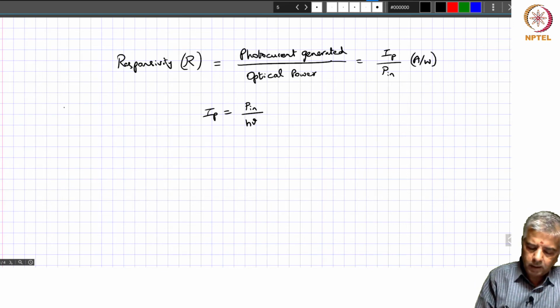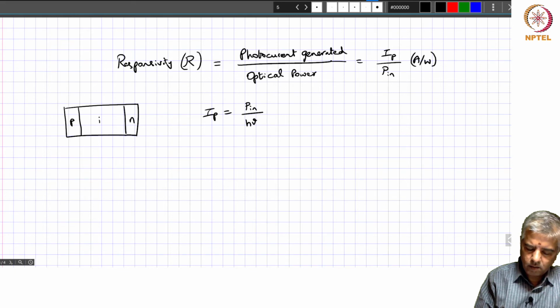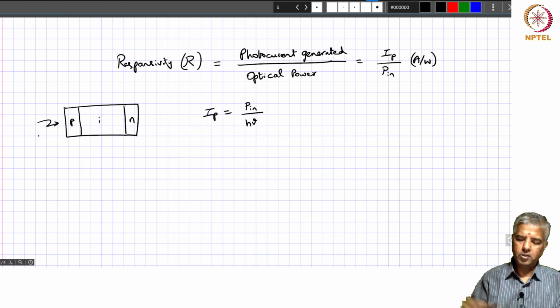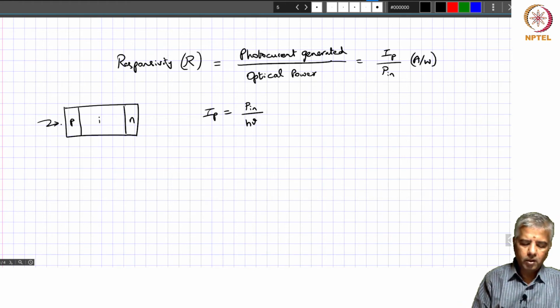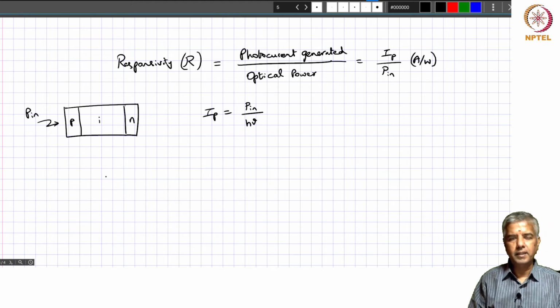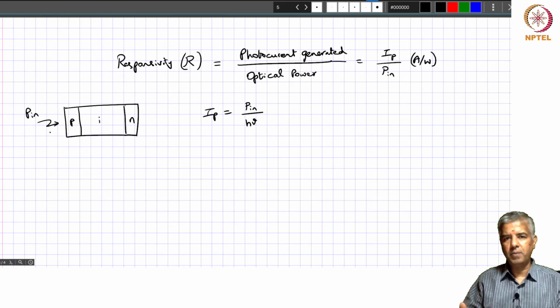But let me just draw this PIN structure again. If you look at light that's incident on this structure, this corresponds to P, and not all that light actually goes into the structure. Because this material is typically indium gallium arsenide, let's say, which has a refractive index greater than 3, and outside you have air, which has a refractive index of 1.